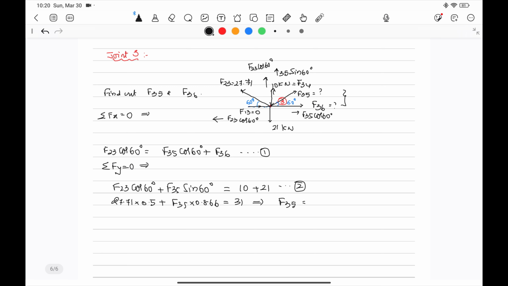Sorry. 31 minus 0.5 into 27.71, whole divided by sin 60.